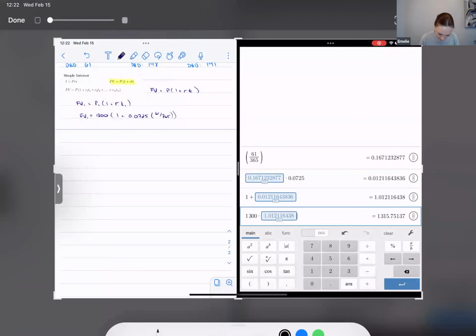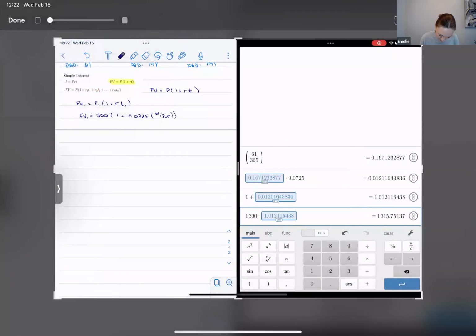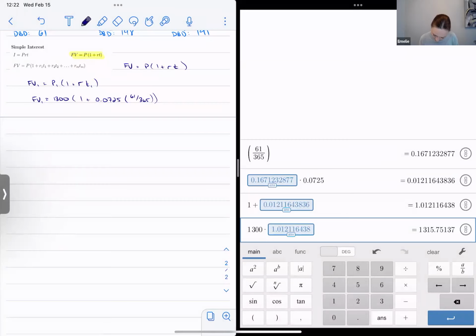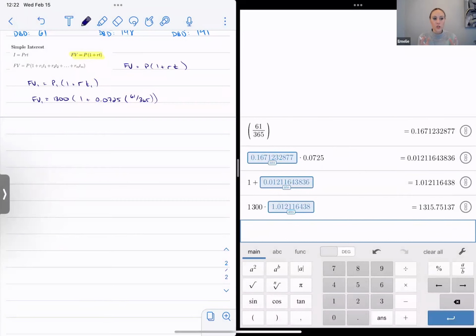Oh, you know what? I'm not quite done. Delete. Because now what I want to do is show you how to do it properly in one line. I'm going to start just as it's written, making sure that you keep the brackets in there, and we should arrive at the same answer because the calculator knows the order of operations. 1,300, when we use brackets, it knows that it's multiplying.